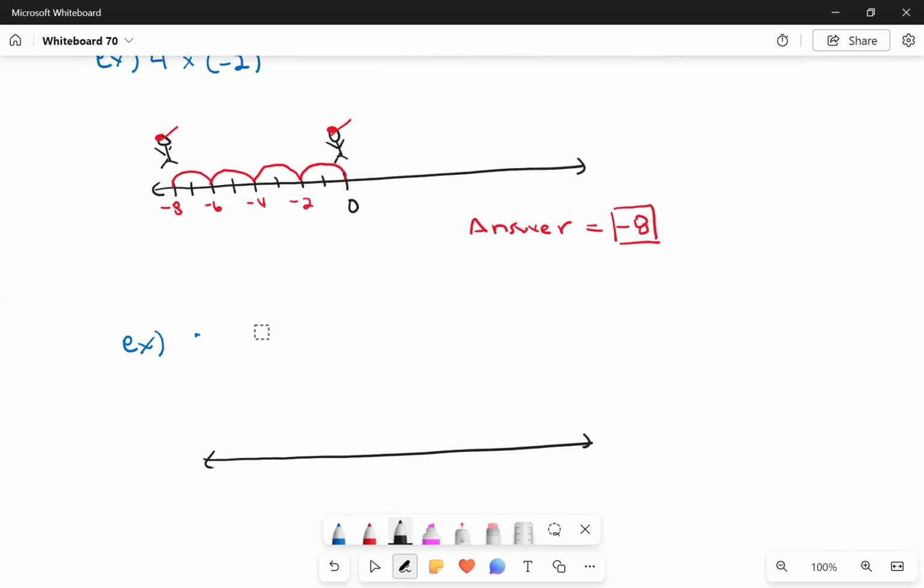Okay, try again. -5 times 2. I know I'm using 2 a lot. It's fine. So this time we're starting at 0. I'm going to extend my number line just a smidge since we're looking at bigger numbers now. And my person is actually going to be facing backwards this time. For the first time, they're going to face backwards.